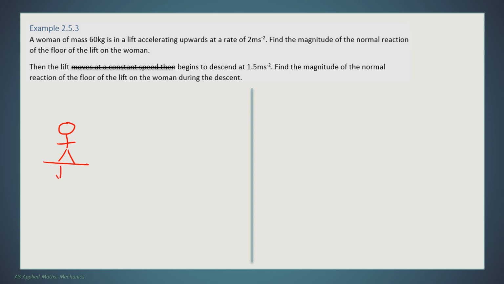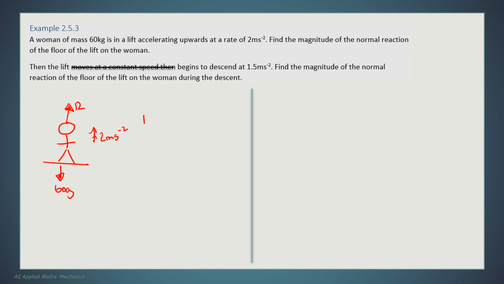So we have got a weight of 60g, don't judge the artwork, and we've got a reaction, and it's that reaction that I'm looking for. The lift is moving upwards with an acceleration of 2, therefore the person must be moving upwards with an acceleration of 2. So doing our calculations, we're moving in an upwards direction.